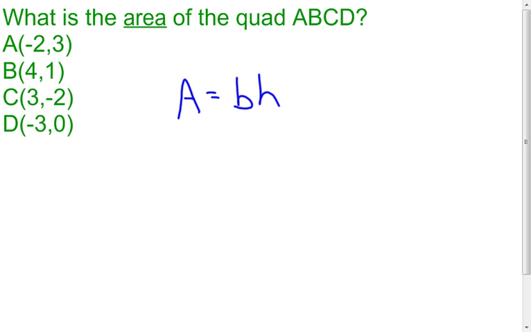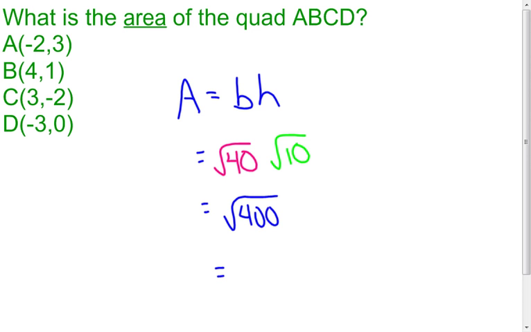Well, I just said that my base was the square root of 40 long. My height was the square root of 10 long. If I multiply those two things together, that's going to equal the square root of 400, which is equal to 20. So 20 square units is the area of that quadrilateral, or rectangle in this case.